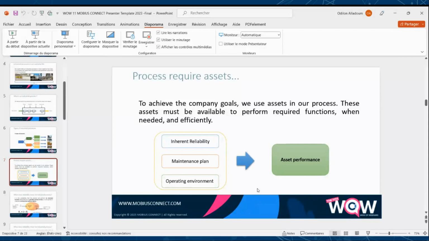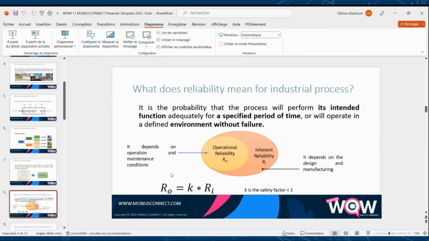Each asset has its built-in reliability, as we said. This built-in reliability is called the inherent reliability, that we have here. This inherent reliability doesn't depend on operational conditions.